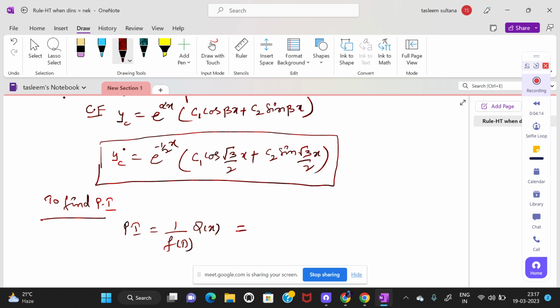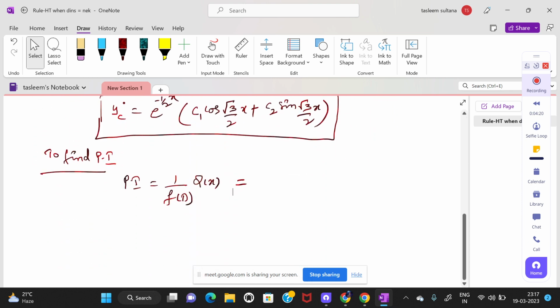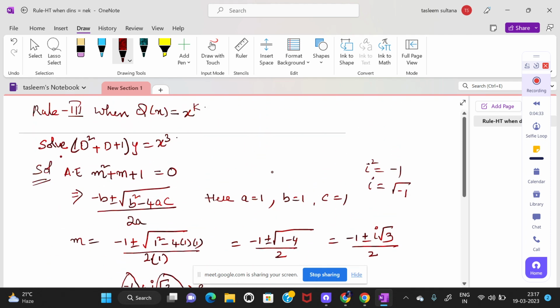What is our f of d? f of d equals d square plus d plus 1. So 1 divided by d square plus d plus 1 into, what is the q of x? It says x cube, I think so. Yes, x cube.